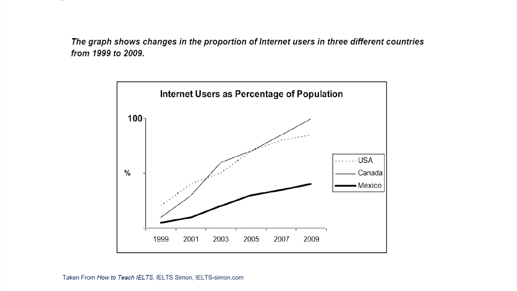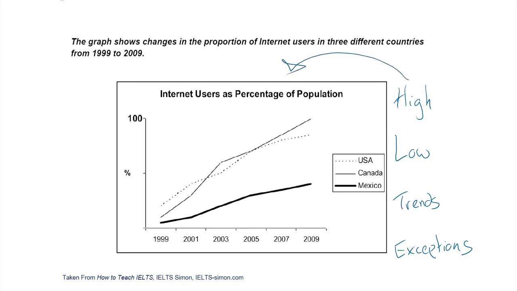You need to find all the high points, all the low points, all the trends, and all the exceptions to those trends. And those are the four things that you really need to focus on when you are beginning to analyze any kind of data for IELTS Task 1.